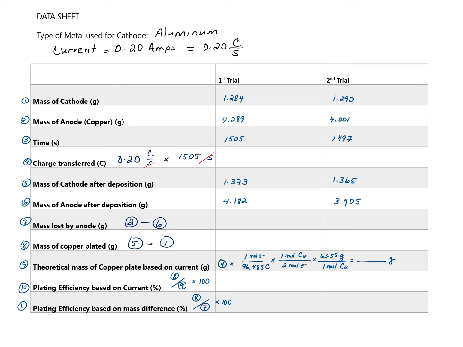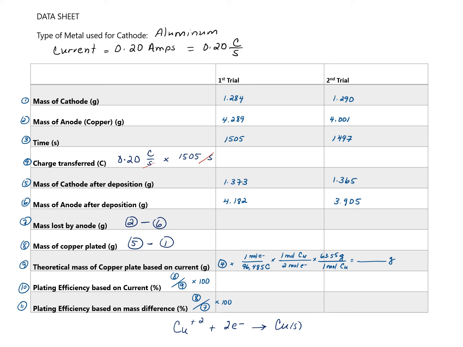Second conversion factor, 1 mole of copper over 2 moles of electrons. I'm going to show you why we're using that. Every ion of copper plus 2 has been reduced to copper solid, right?